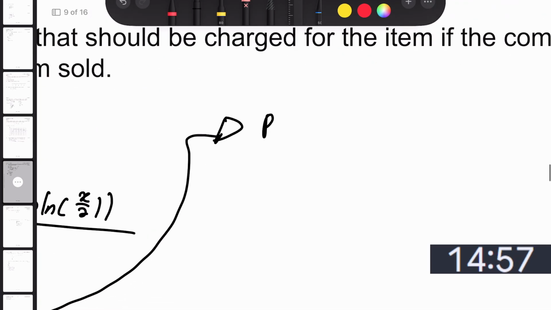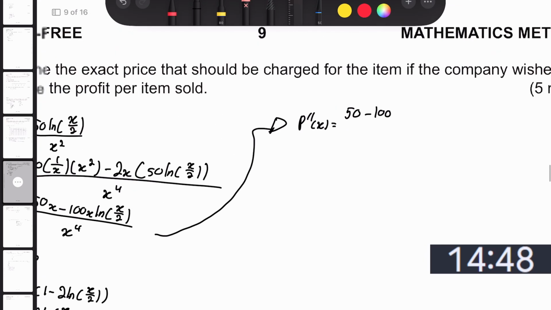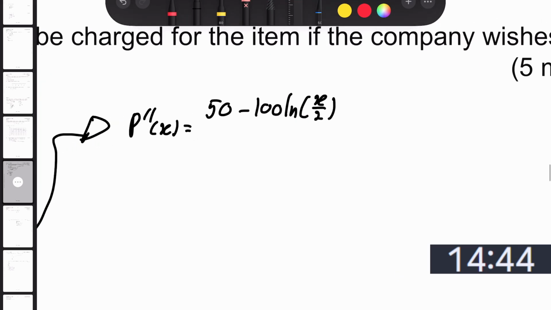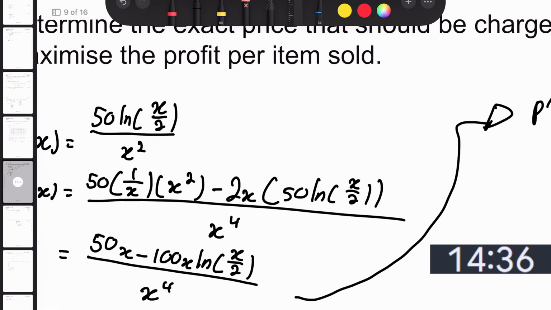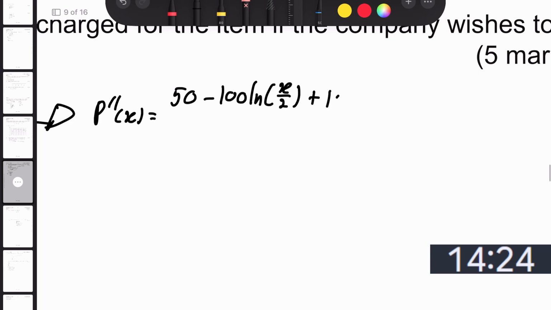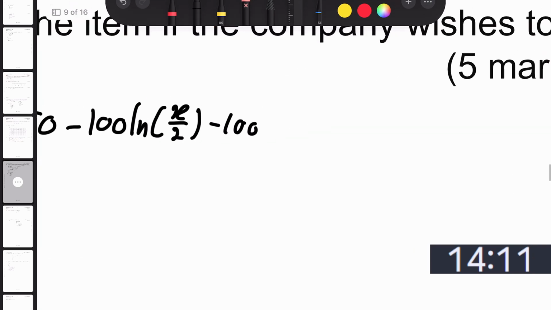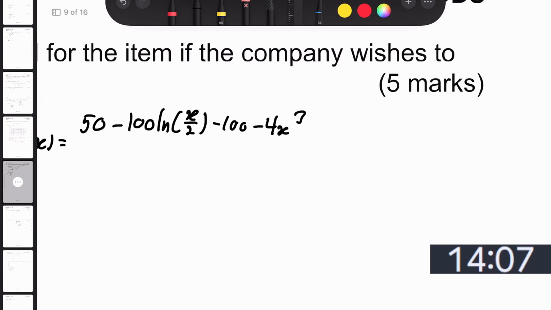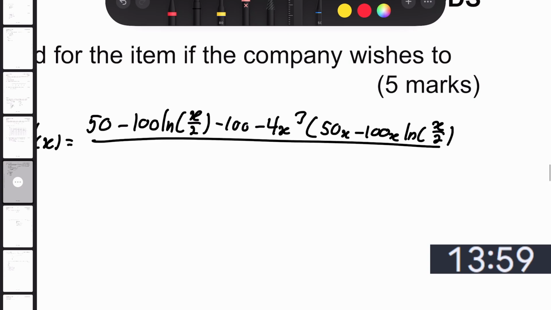So let's say p of x is going to be equal to 50 minus 100 ln of x on 2 plus, so derivative of ln of x on 2 is just equal to 1 on x, because 1 on 2 divided by x on 2 is 1 on x, so 100. So minus 100x times 1 on x, so it becomes 100, minus 4 on 4x to the power 3 times 50x minus 100x ln of x on 2 over x to the power 8.